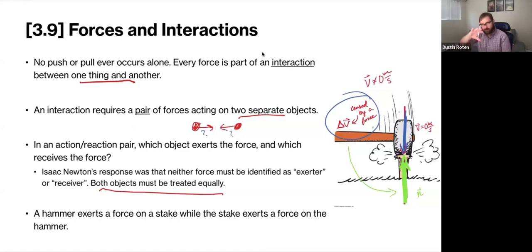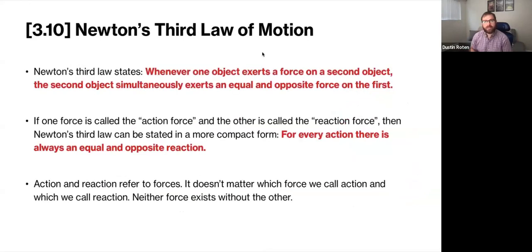That's why when you look at these interactions between two objects, you're always going to see two forces that are equal and opposite. Newton's third law says that whenever one object exerts a force on a second object, the second object simultaneously exerts an equal and opposite force on the first. We saw that on the previous slide: the hammer exerting a force on the stake, then the stake exerting an equal and opposite force on the hammer.